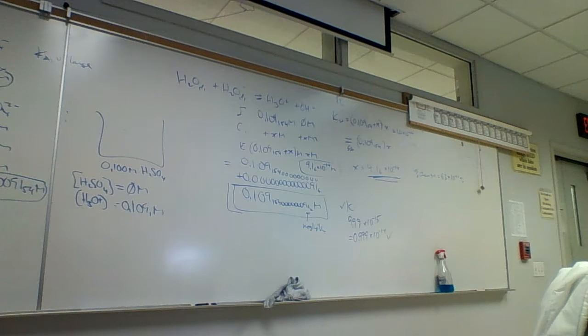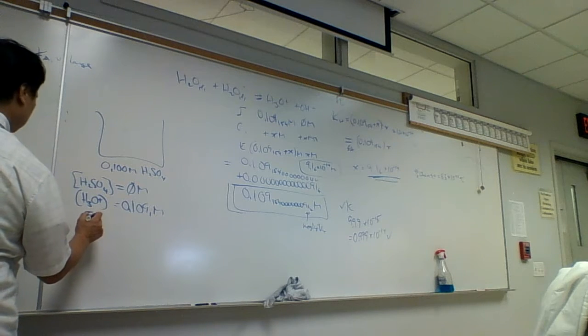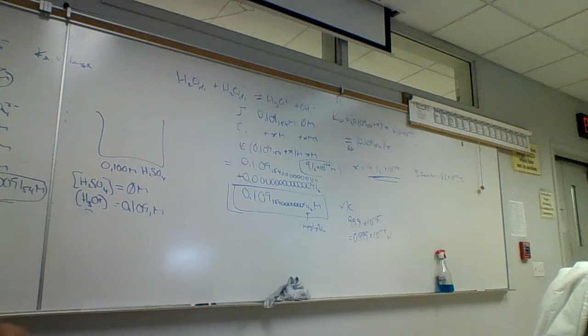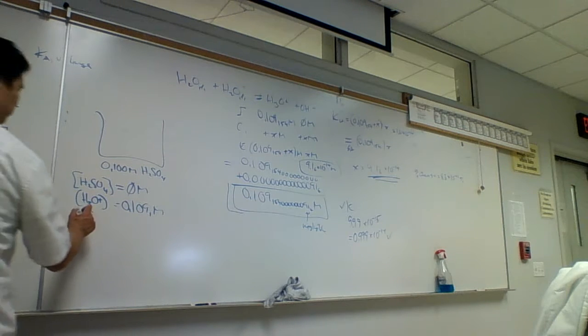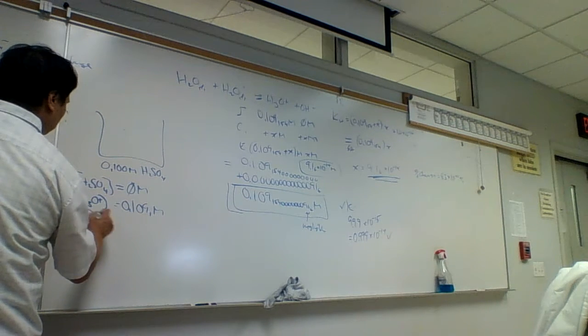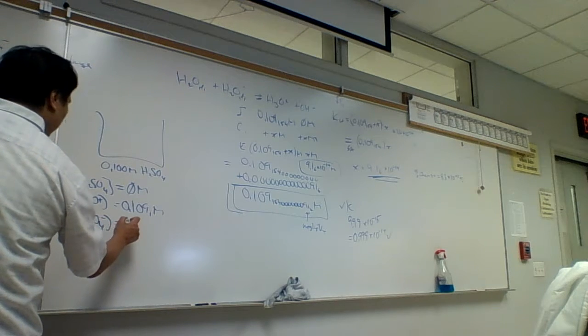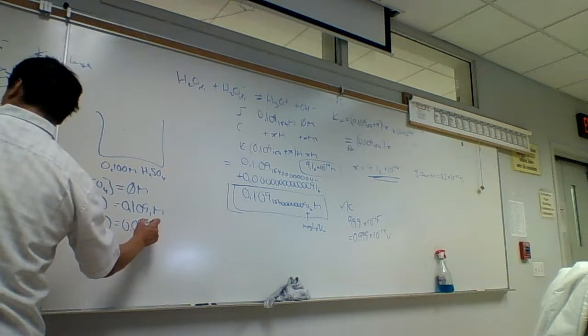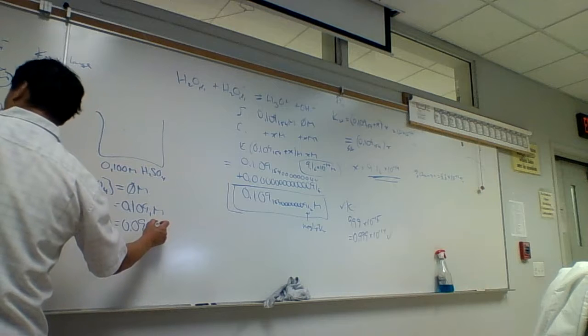And then the next highest concentration should be the sulfate, is that right? Yeah. The sulfate, no, not the sulfate, the HSO4 minus, yeah, HSO4 minus, at 0.0908 molar.